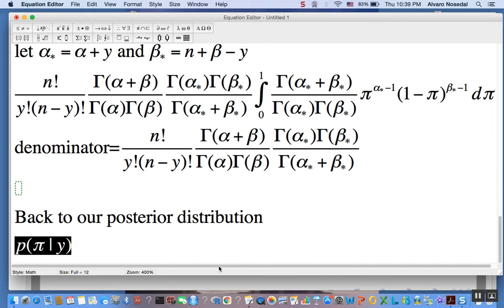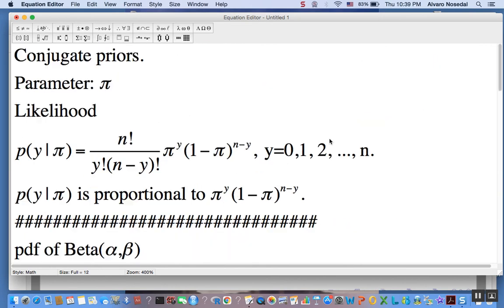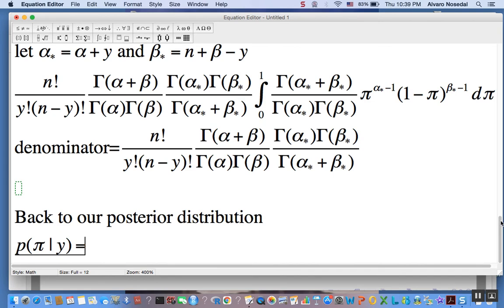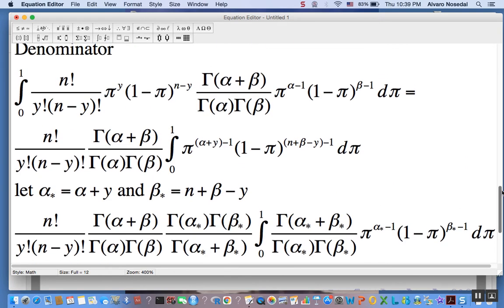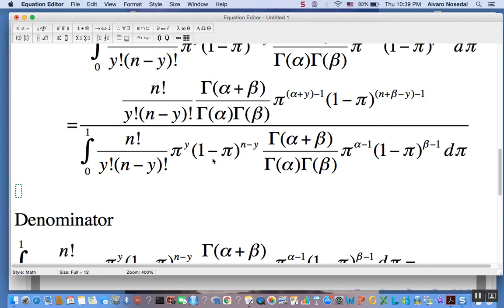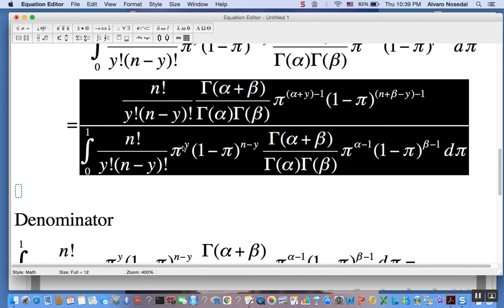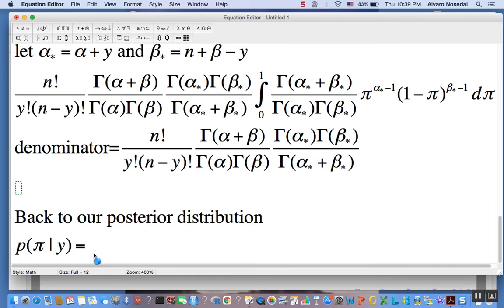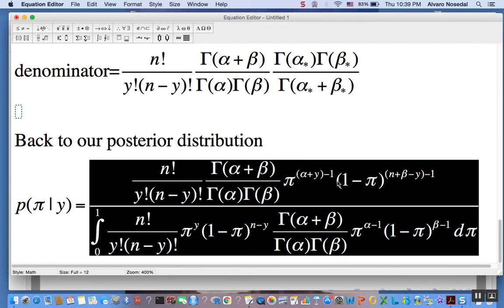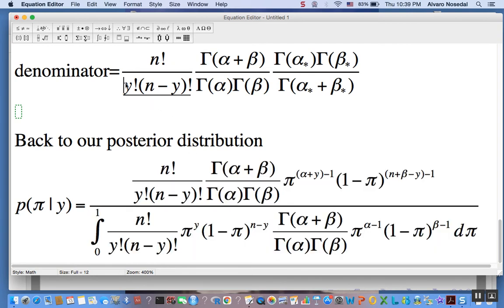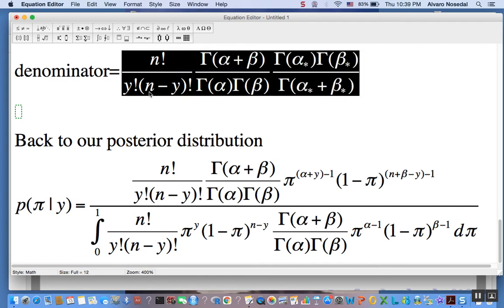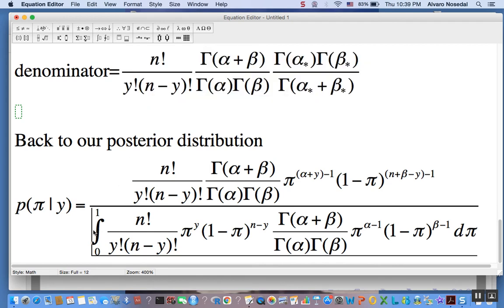What we have is this, and let me copy paste the expression for our posterior, which was this, joint divided by marginal. The numerator wasn't that bad, it was just the product of our prior times our likelihood. The denominator was a bit uglier, was originally that integral, but we did the math and we had this.